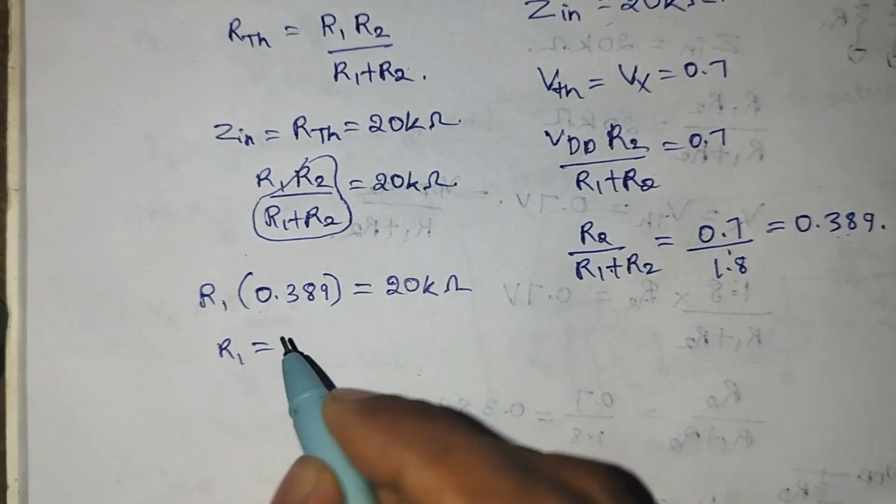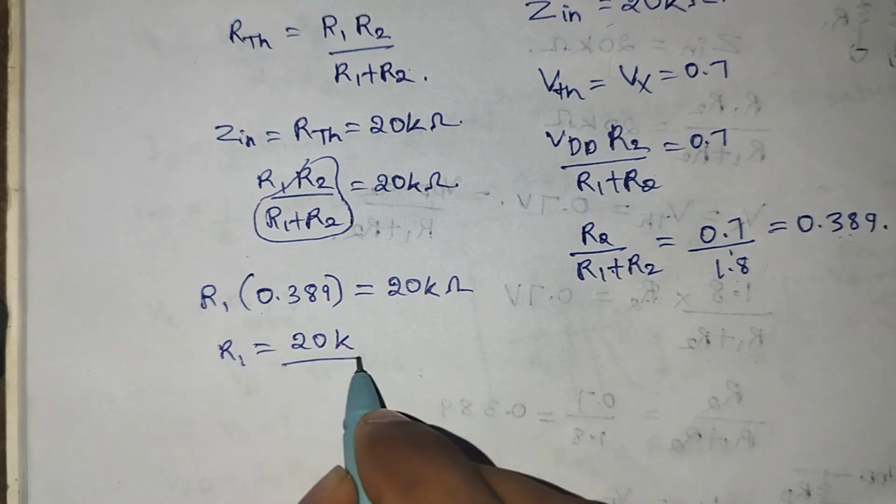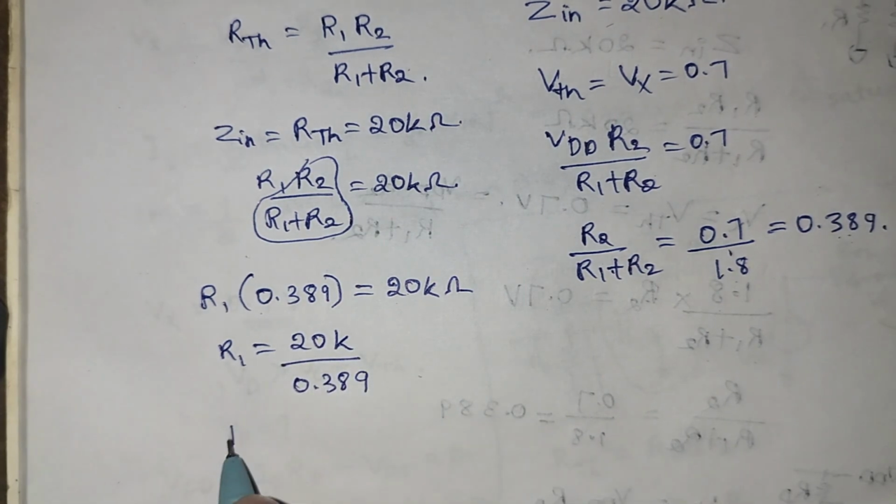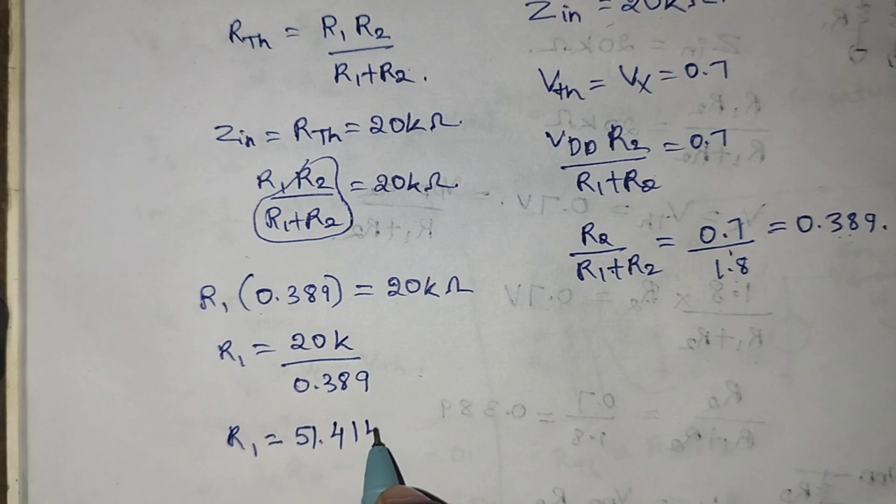Then R1 is equal to 20 kilo divided by 0.389. Then R1 comes to around 51.414 kilo ohm.